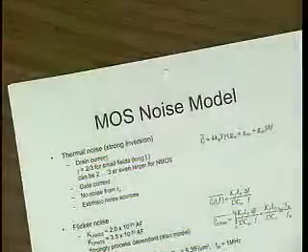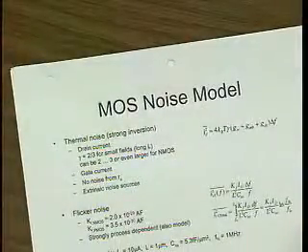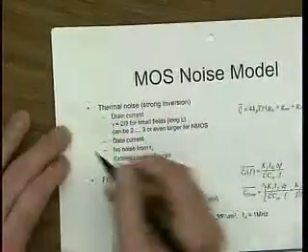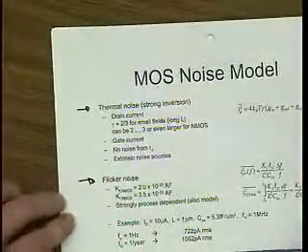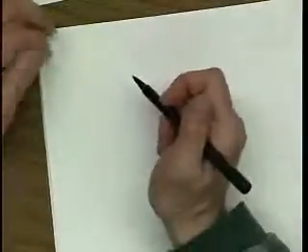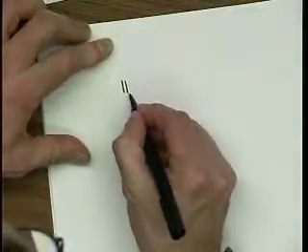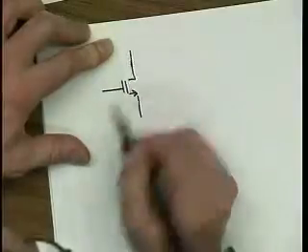Okay. MOS transistors, they are also noisy. And I have 2 noise sources: again this thermal noise source, and then this flicker noise. Let's start with the thermal noise. So the MOSFET, and here really I should be drawing a small signal model.